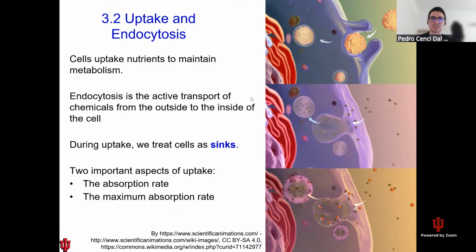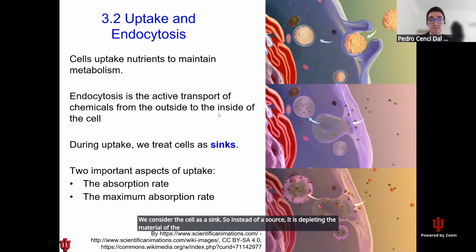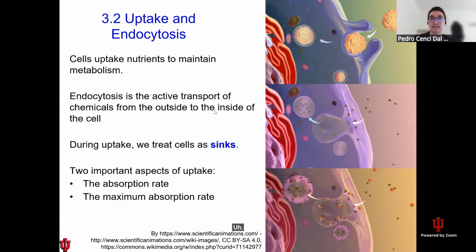When a cell is endocytosing, we consider the cell as a sink. So instead of a source, it is depleting the material of the field. But again, if you just set it as a sink, the cell would be consuming, and eventually your field would be negative. And that doesn't make sense when we're talking about concentration fields.